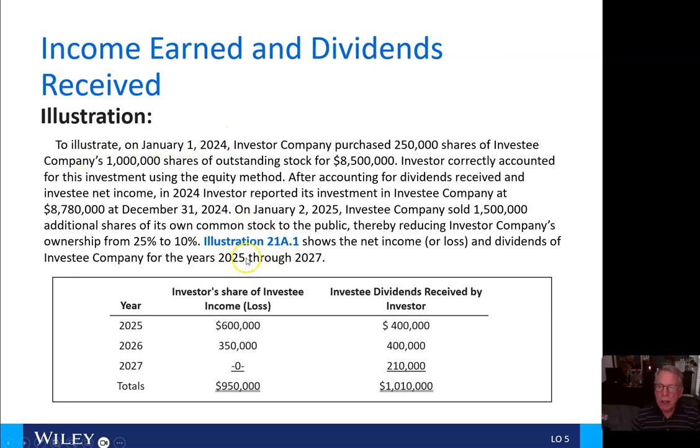So in Illustration 21A.1, that shows the net income or loss and dividends of the investee company for the years 2025 through 2027 as shown here. Okay, here's the investor's share of the investee's income, and here's the investee's dividend received by the investor.